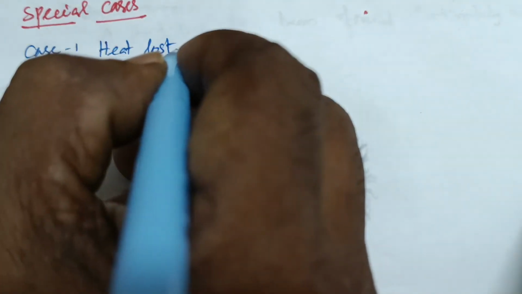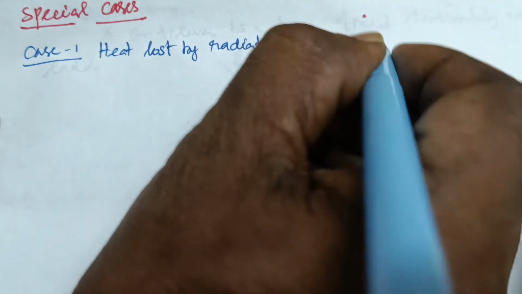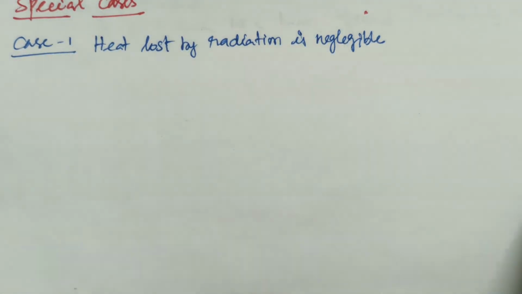Heat lost by radiation is negligible, which means the rod is covered by insulating materials.